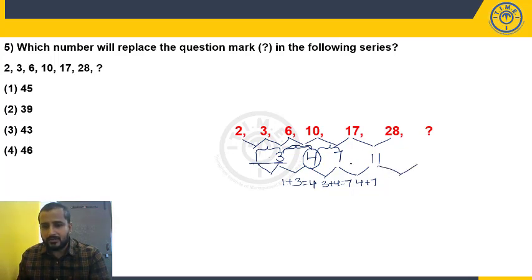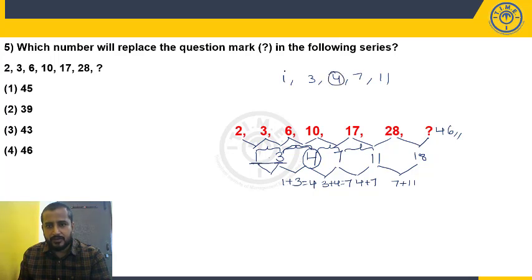So to get the next, what should it be? Sum of 7 plus 11. 7 plus 11 is equal to how much? 18. So what is my answer? 28 plus 18, which is equal to 46. Okay. So the difference is 1, 3, 4, 7, 11. This 4 is the sum of these two numbers, and this 7 is the sum of these two numbers, and 11 is the sum of this 4 and 7.